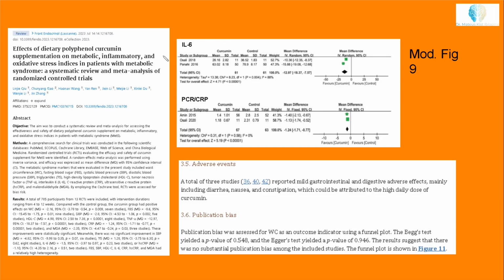Here we have another study, a systematic review with a meta-analysis of randomized clinical trials. This study investigated the effect of curcumin supplementation on metabolic, inflammatory, and oxidative stress indices in patients with metabolic syndrome.